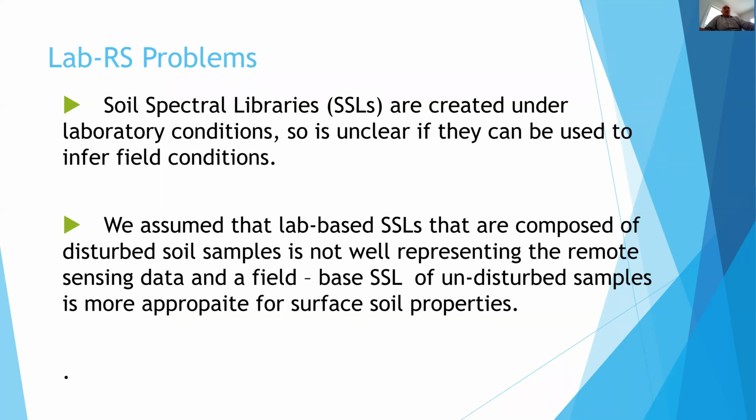And of course, when you take the soil to the laboratory, you definitely destroy the seal that is very important for water penetration rate. So we assume that the soil spectral library will not provide us very precise information about the soil crust and therefore about the soil sealing and water penetration rate.